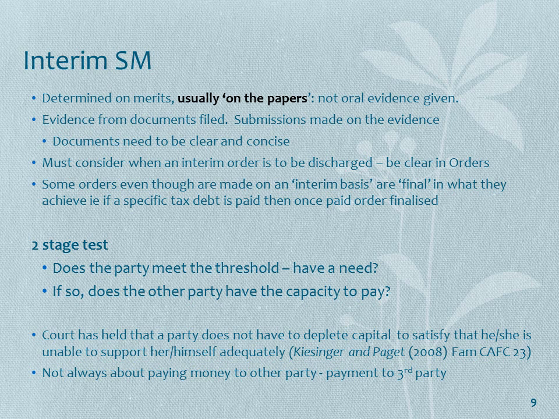So that's a real flashing light for you as to the need why the documents are to be clear and to be concise, and to have the evidence to support the orders that you are asking the court to make. In a spouse maintenance, there is a threshold test. One is, does one party have a need? My experience is that's not a difficult one to prove. The second limb, which is usually the one that's more challenging, is, does the one have a capacity to pay?